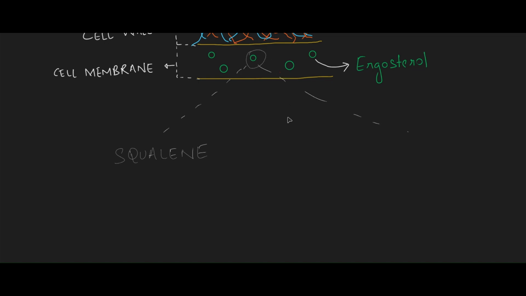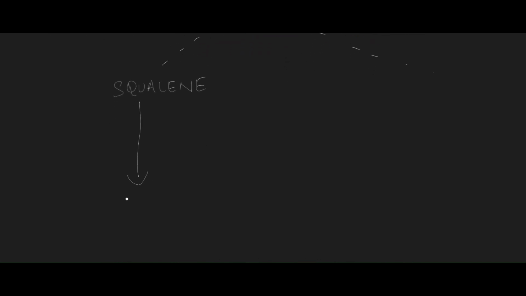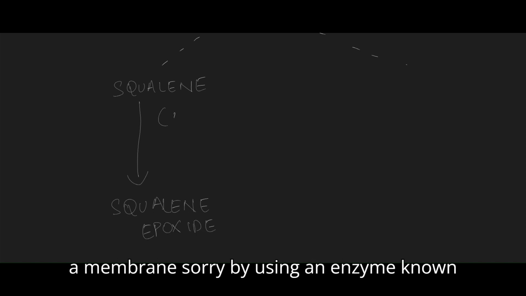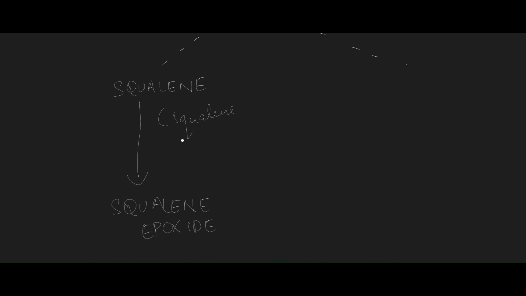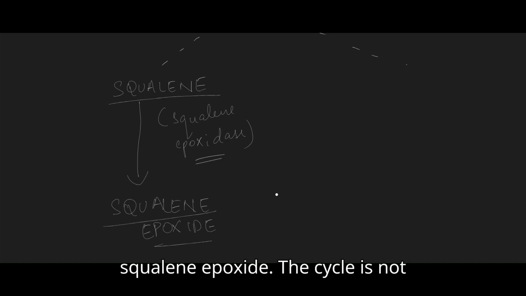Okay, now coming to the first step, you have squalene, and squalene gets converted or metabolized into squalene epoxide by using an enzyme known as squalene epoxidase. So this enzyme converts squalene into squalene epoxide.